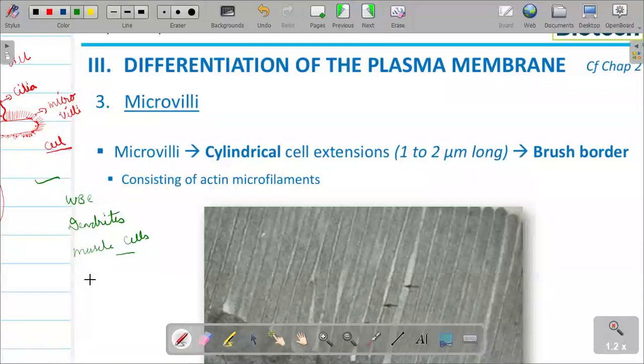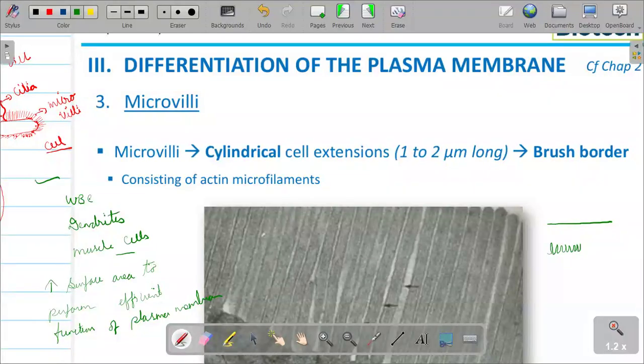The microvilli are small extensions. They increase the surface area, to perform efficient function of the plasma membrane. When the plasma membrane works efficiently, it will have more surface area, so the actions of the microvilli will be more. Understood? Today we have seen stereocilia.